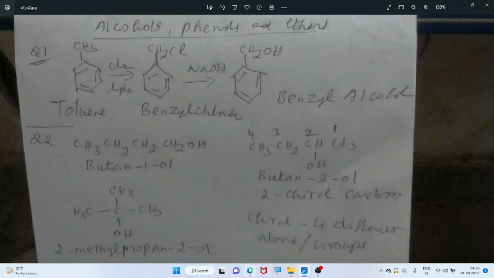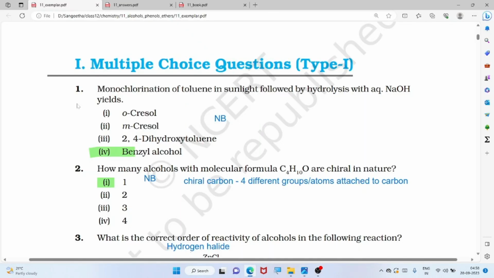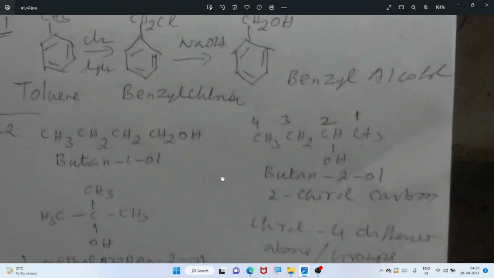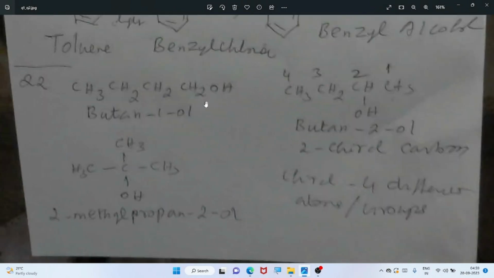So benzyl alcohol. How many alcohols with the molecular mass of this are chiral in nature? Chiral means four different groups or atoms are attached to a carbon atom. That is the chiral carbon. See, if you take these, here are two similar groups, so this is not a chiral carbon.